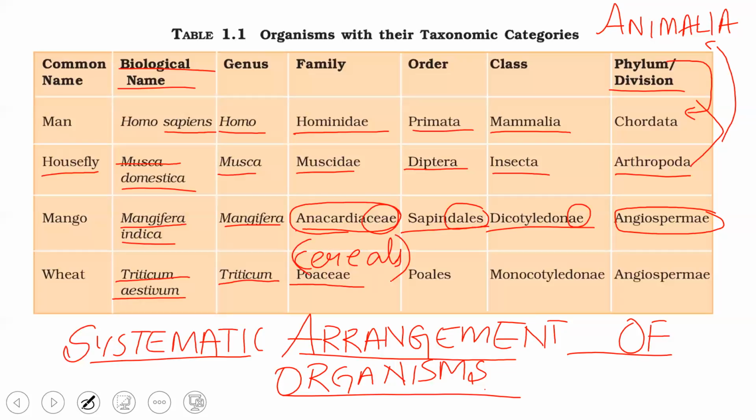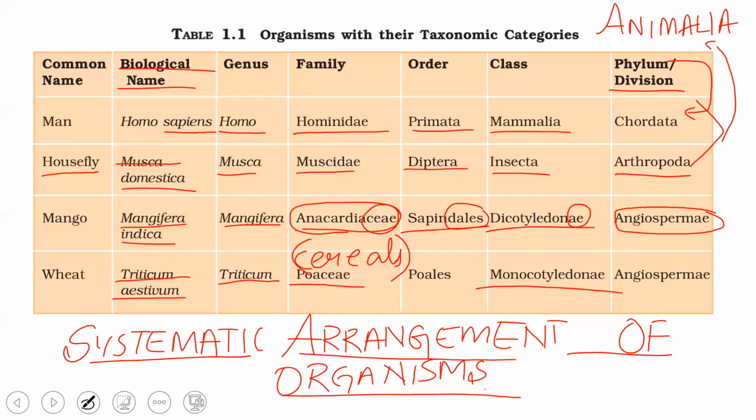They belong to the order called Poales and class Monocotyledonae. Mango has two cotyledons, hence it belongs to Dicotyledonae, whereas wheat and other cereals belong to Monocotyledonae, which have a single cotyledon.